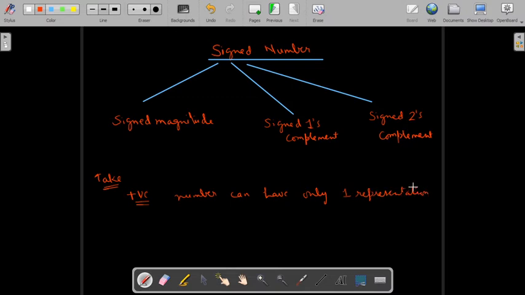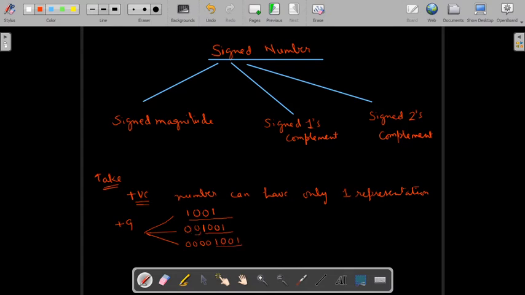Like plus 9 can be represented like 1001, 001001, 00001001. In all these cases, this 9 will remain the same.